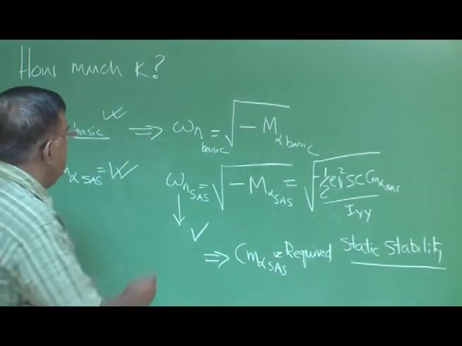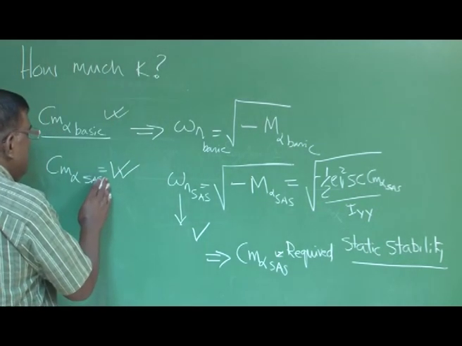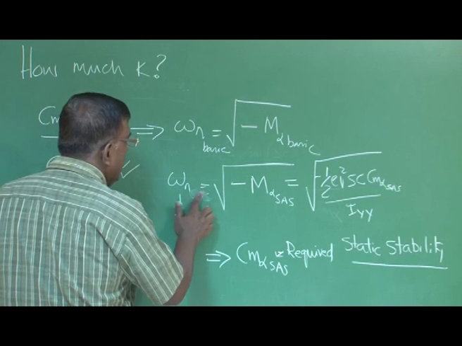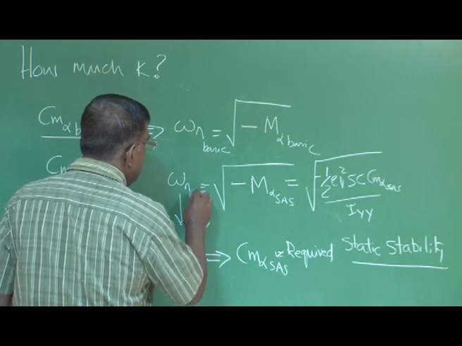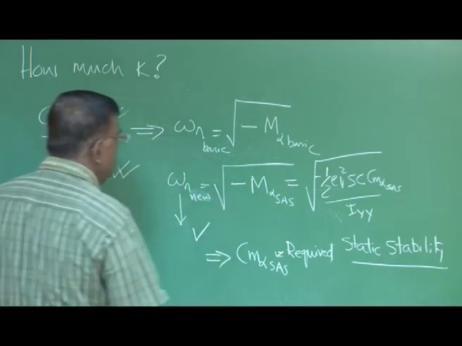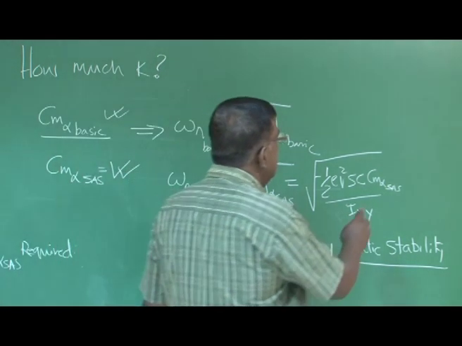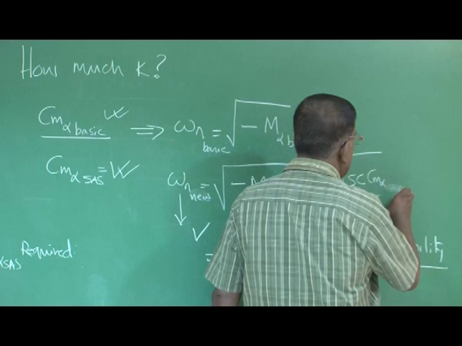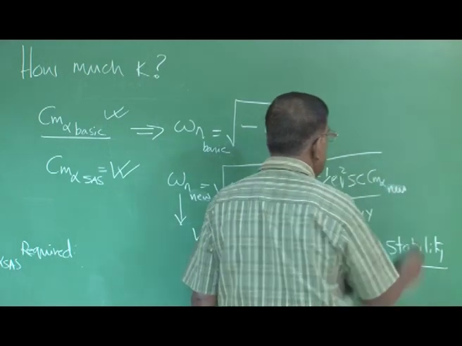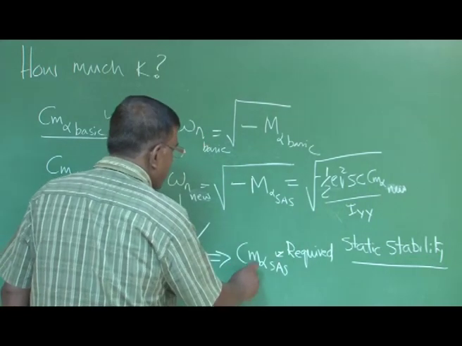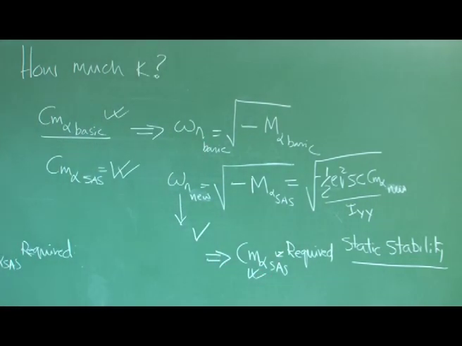And what is the Cm alpha required through SAS? Why do I require it? Because I want omega n new. Correct? So this Cm alpha will be new, and from there I need to find out how much Cm alpha SAS is required.